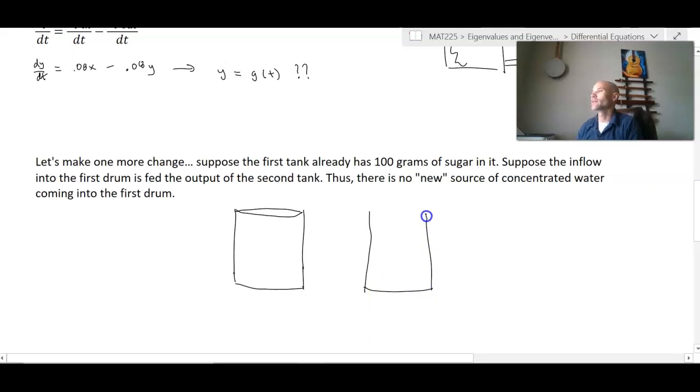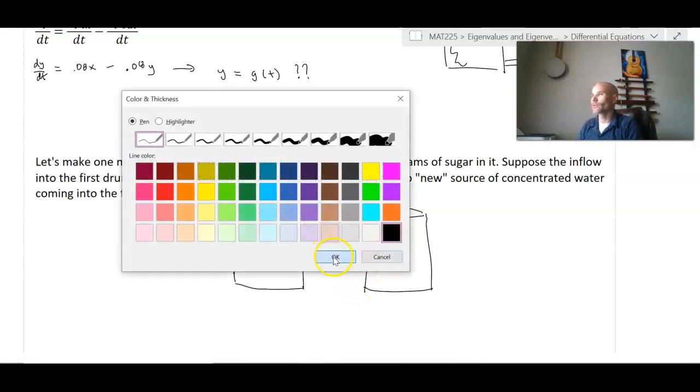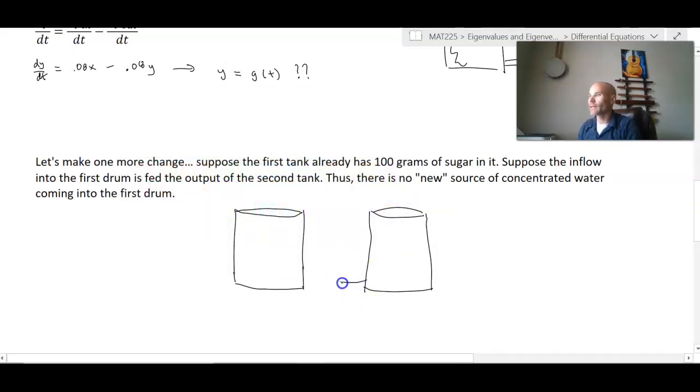So here's our second tank or drum. And so what we're going to assume is that instead of the inflow being this source that had 4 gallons per minute with 2 grams per gallon, we're going to nix that, and instead we're going to assume that the only rate of inflow is from the first tank.